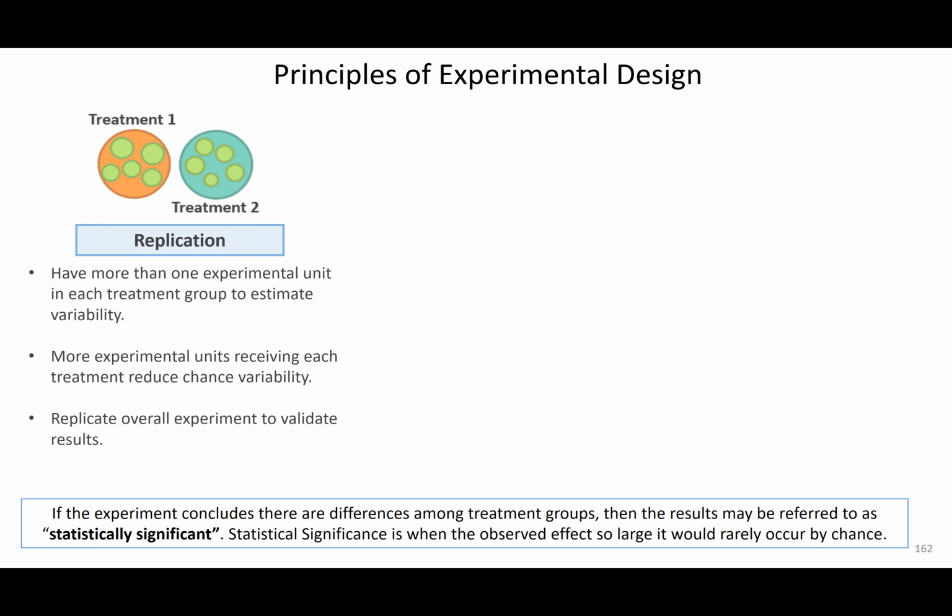So some principles of experimental design. We're really into replication, and I want to make sure I'm explicit about what we mean by replication. Replication is when you have more than one experimental unit per treatment. What this means is you have 2 or more per treatment group.